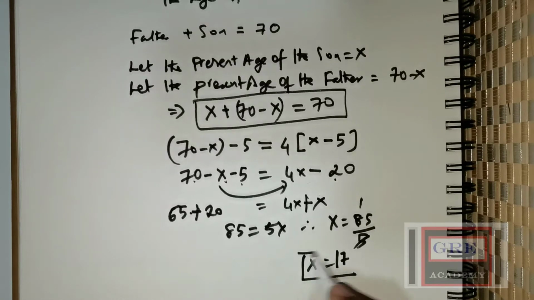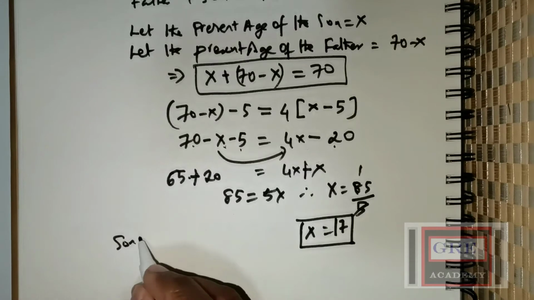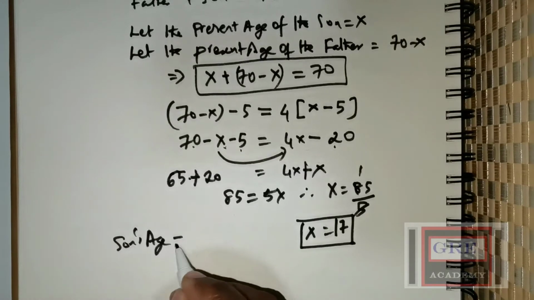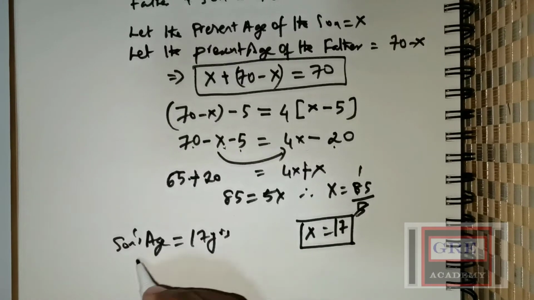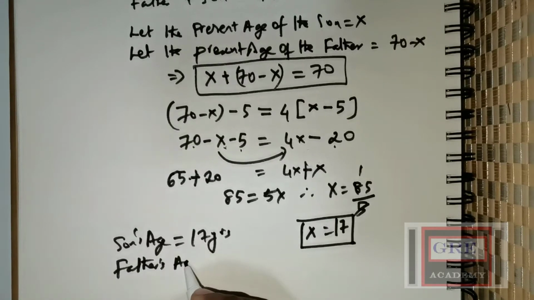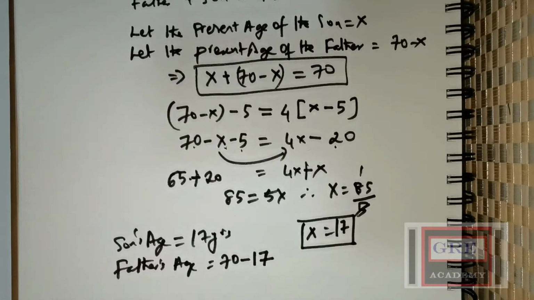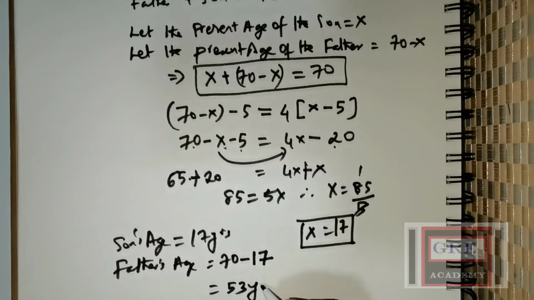So the value of x is 17, and this means the son's age is 17 years and the father's age is going to be 70 negative 17, right? So that would mean his father's age would be 53 years.